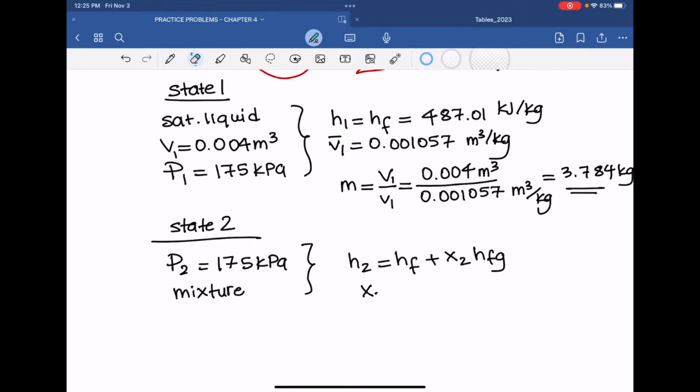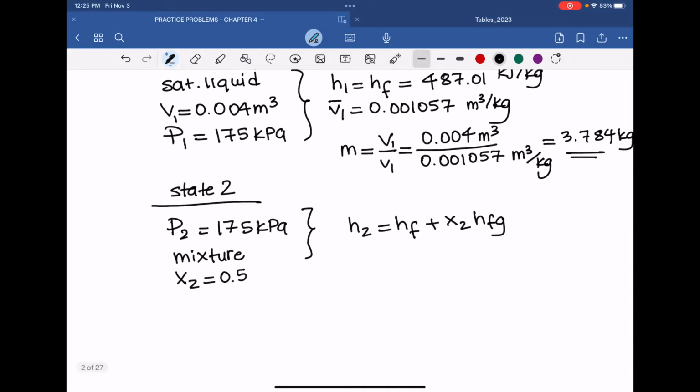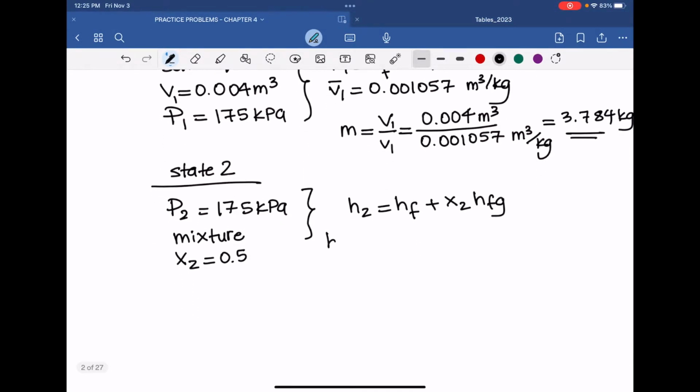Actually, we can write it there. 0.5. Well, we look at the same tables at that same pressure. Here is HF and here is HFG. All right, so all we have to do now is plug those into our equation and calculate H2.